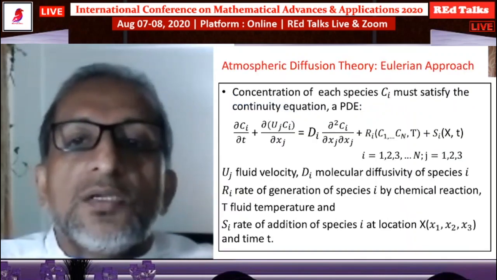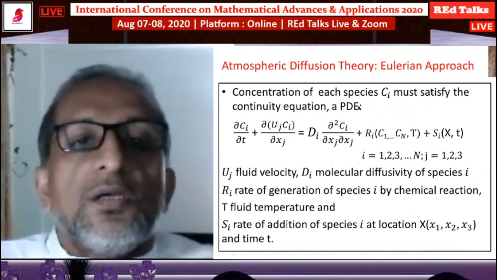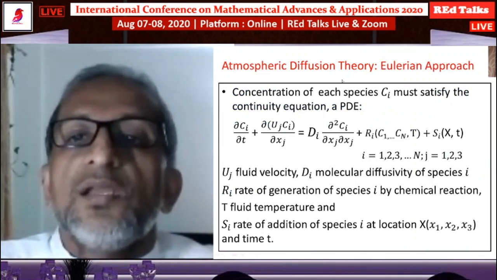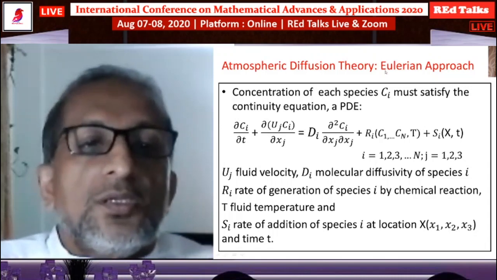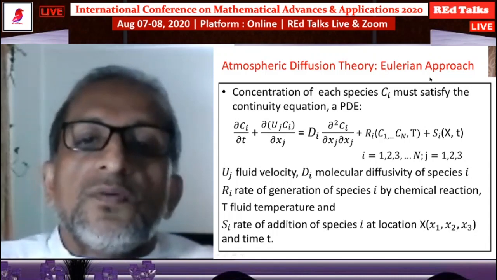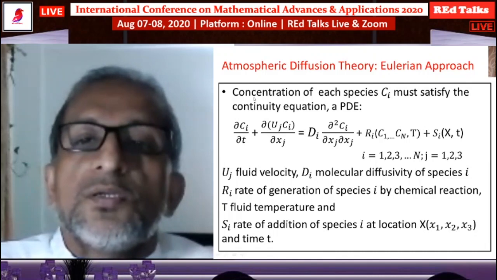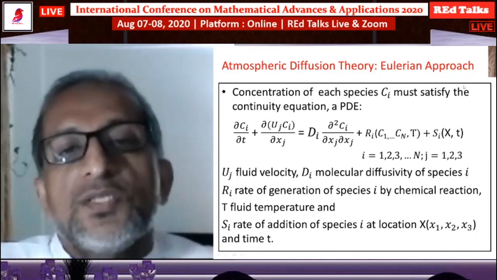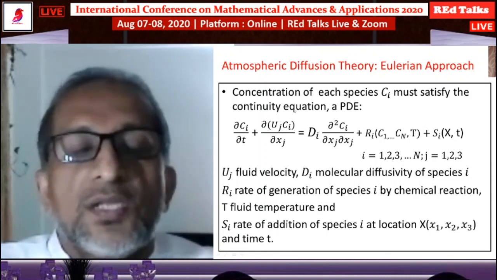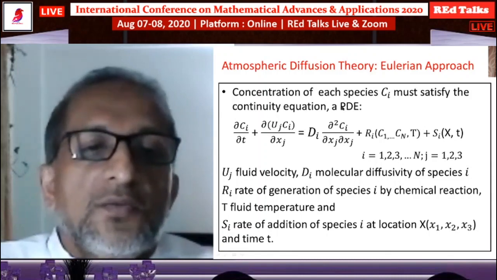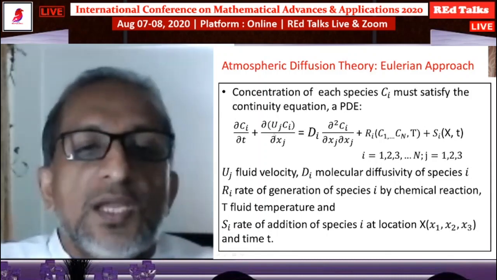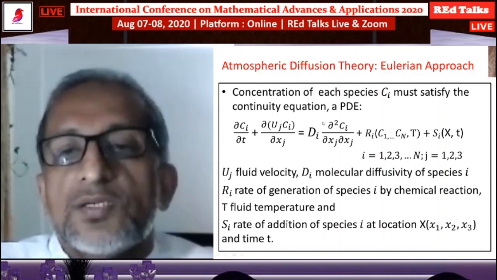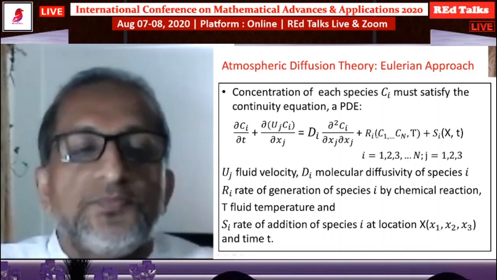Let me start with the atmospheric diffusion equation using the Eulerian approach. The concentration of pollutants satisfies the continuity equation, which is in fact a partial differential equation with a time derivative, advection, diffusion, chemical reaction, and the source term.